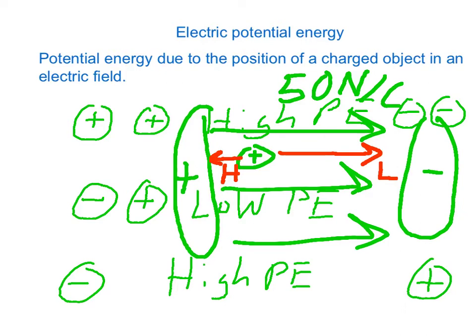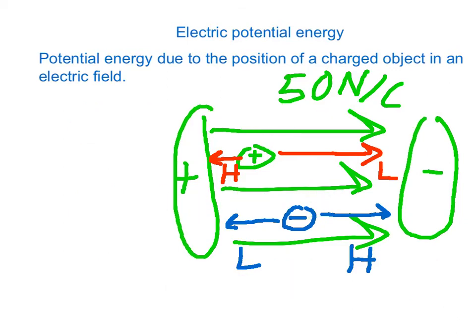Now, we could look at the negative particle and kind of make the same inferences about it. If we're taking the negative and moving it over here towards the positive, well, that wouldn't take a whole lot. That's low energy. But if we're taking this particle and pushing it against the negative side, then that would be high potential energy. Notice, if we move the positive particle over here in this area, then it's going to be positive against positive.